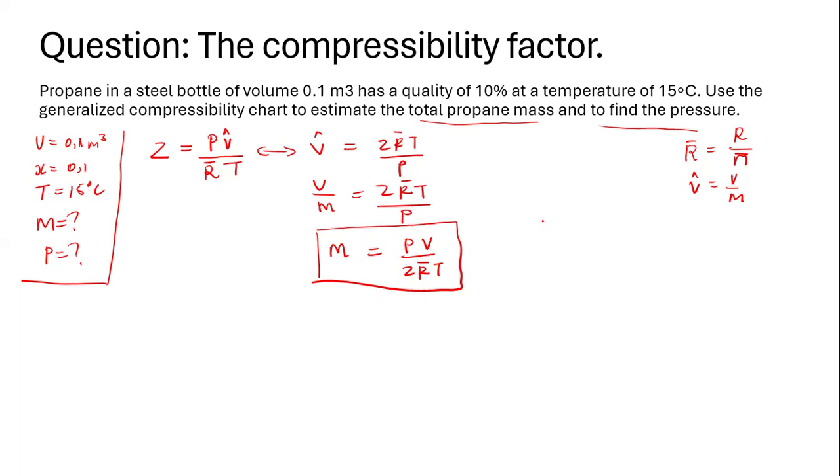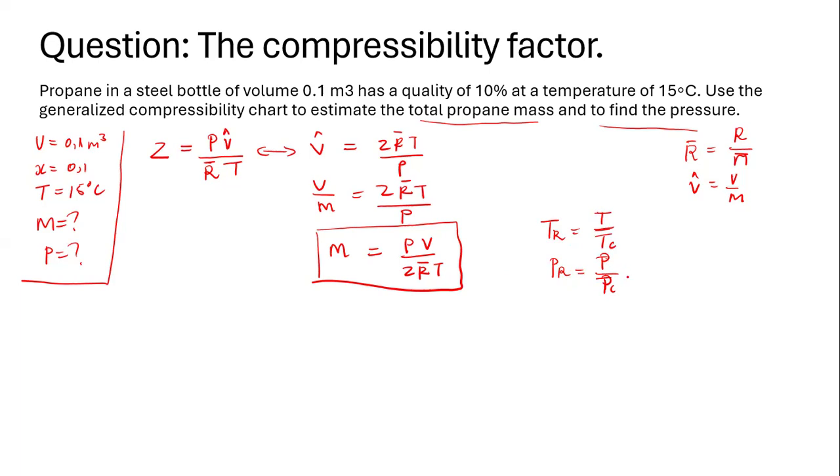We know that T reduced is given by the temperature divided by the critical temperature, right? We won't be able to determine P reduced, which is P divided by P critical, using this equation. Why? Because we do not have the pressure.